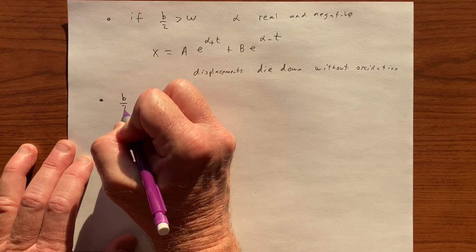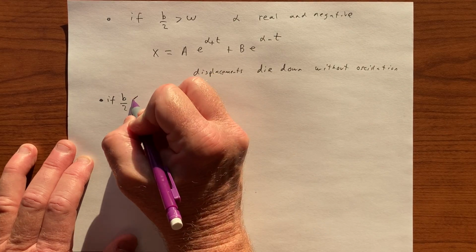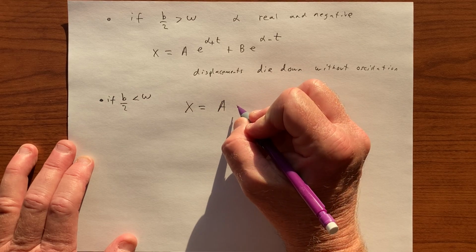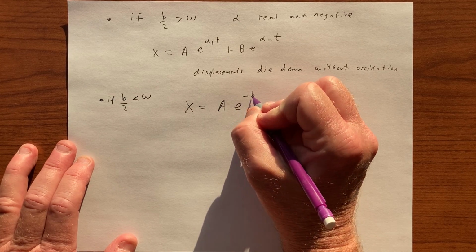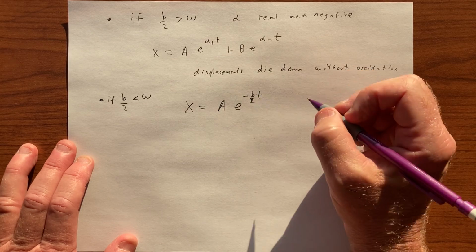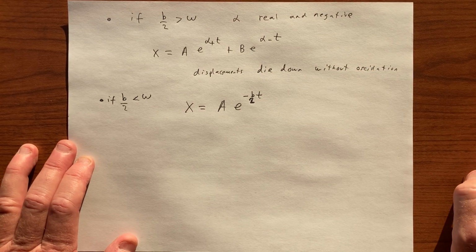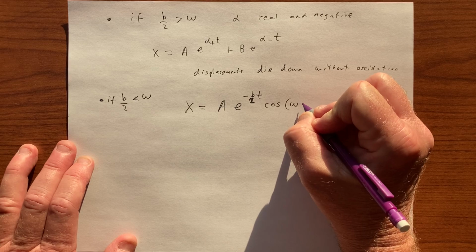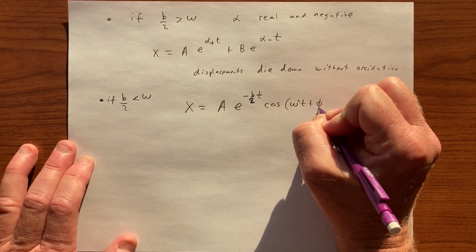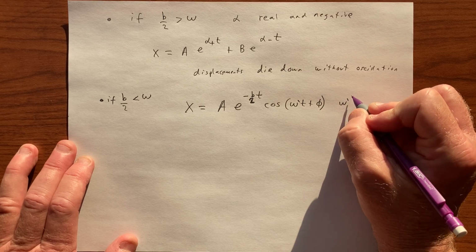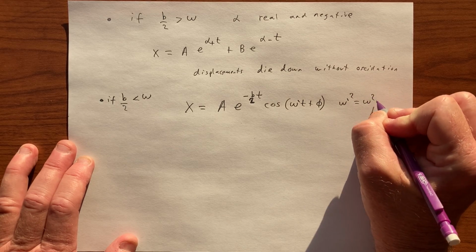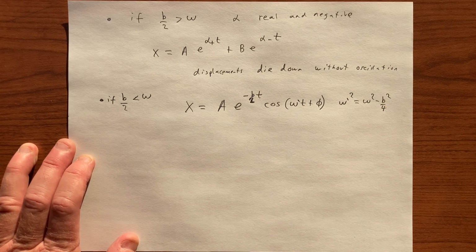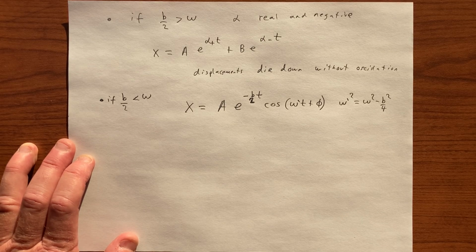And if instead b over 2 is less than omega, then we have x equals some coefficient e to the minus b over 2 times t, and then we have a term with the square root of a negative, which looks like cosine of omega prime t plus phi, a different omega, where omega prime involves that quantity, because it appears with a minus sign under the square root.